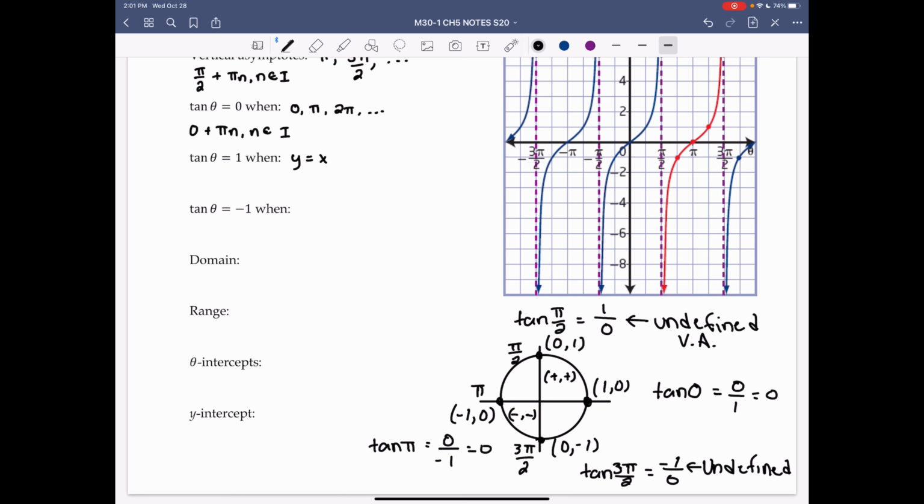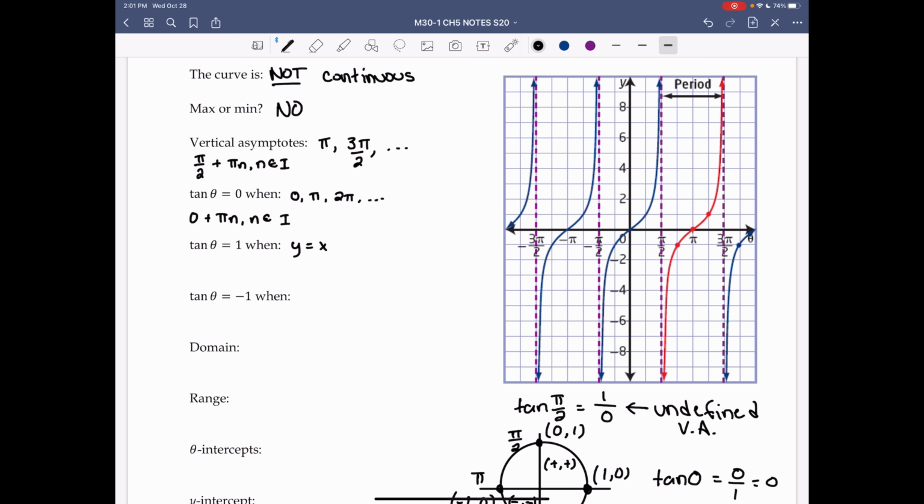So only in quadrants 1 and 3, which would mean we would have pi over 4 in quadrant 1, and then we would add pi to get 5 pi over 4, add another pi to get 9 pi over 4, etc. Then in general, we have tan theta equal to 1 at pi over 4 plus pi n, where n is an element of the integers.